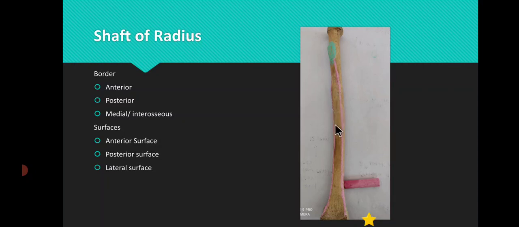It is the medial border. So you have to keep in mind interosseous borders are the sharpest border. It extends a little below the radial tuberosity up to the lower end of the radius.